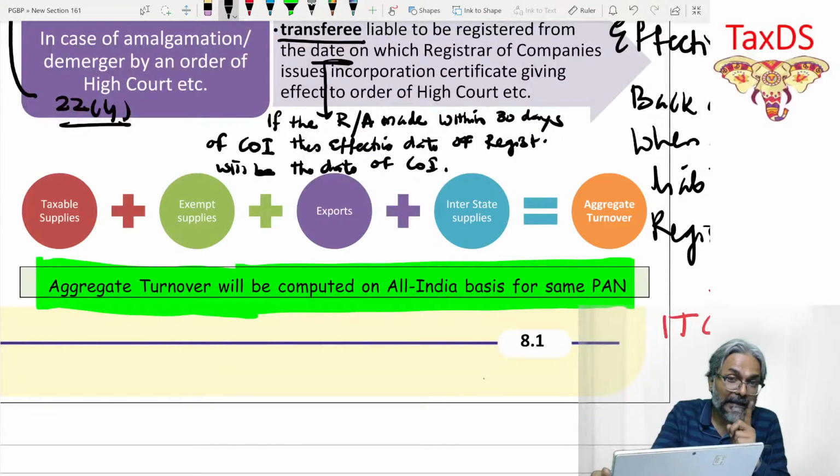And that you will do on a pan India basis. Pan India basis means if you have got more than one place of business in another state, all the turnover of the state, students, will be considered over here.